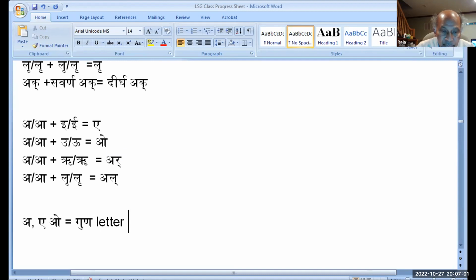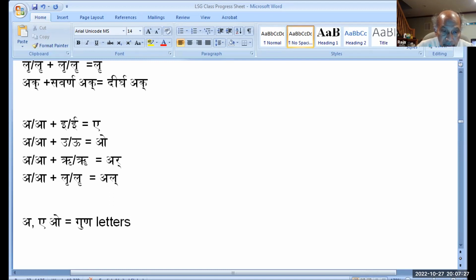As I told you, if I cannot prove by mathematical means anything I explain to you or make an assumption as a definition, don't trust me, please. This is what I learned in IIT. I, A, O are defined as guna letters. This is a definition.